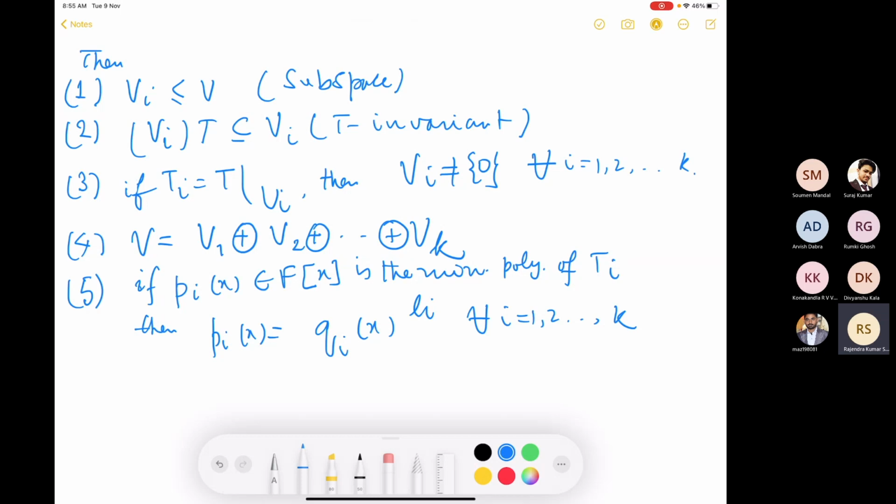So these are a few simple observations we want to prove. Quickly we can see some of them, and then tomorrow we shall look at the others.